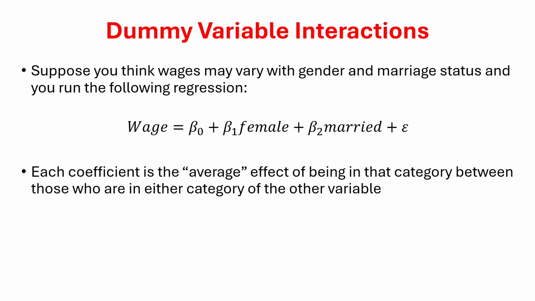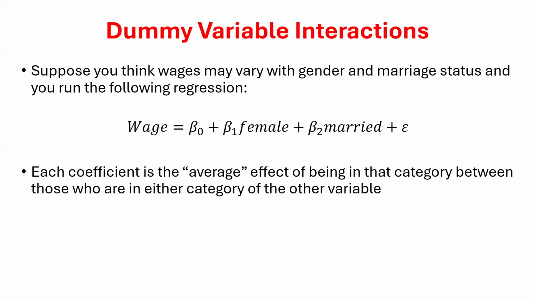Because how would I interpret beta 4? It's the predicted increase in wages for a married female relative to whom? So if I have beta 2, that's simply the effect of being female. Beta 3 is simply the effect of being married. Beta 4 is the effect of being married and being a female.